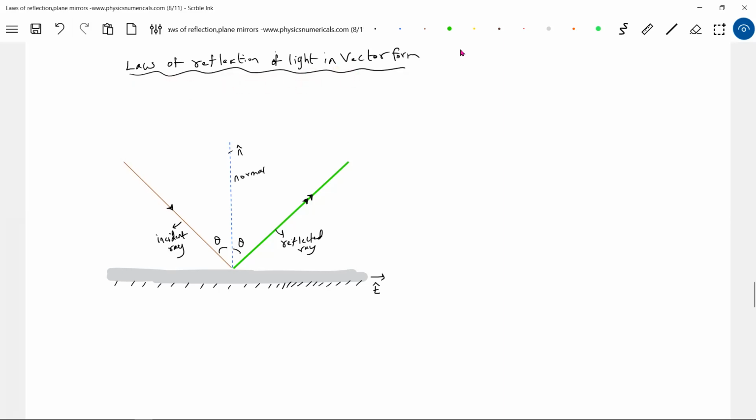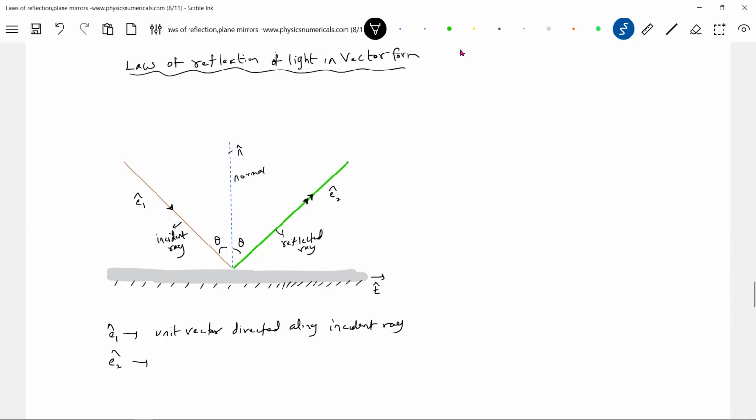Let me define a unit vector in the direction of the incident ray. What is E1 cap? Unit vector directed along the incident ray.